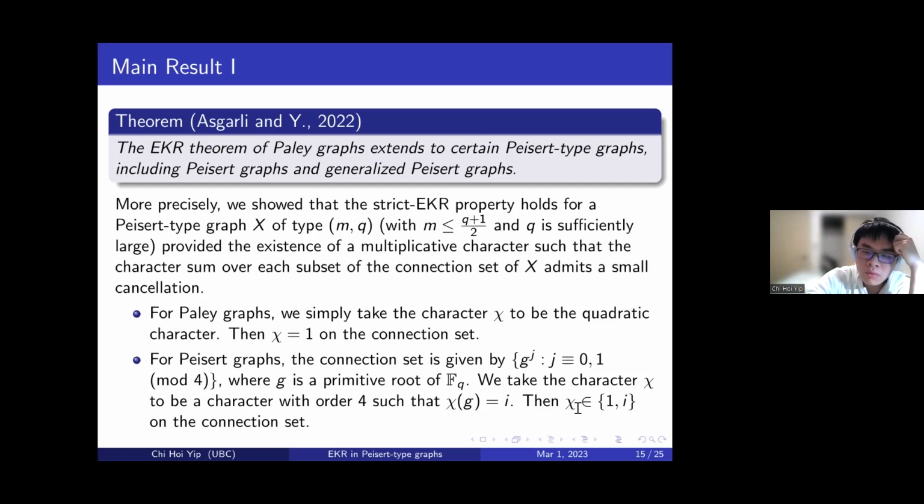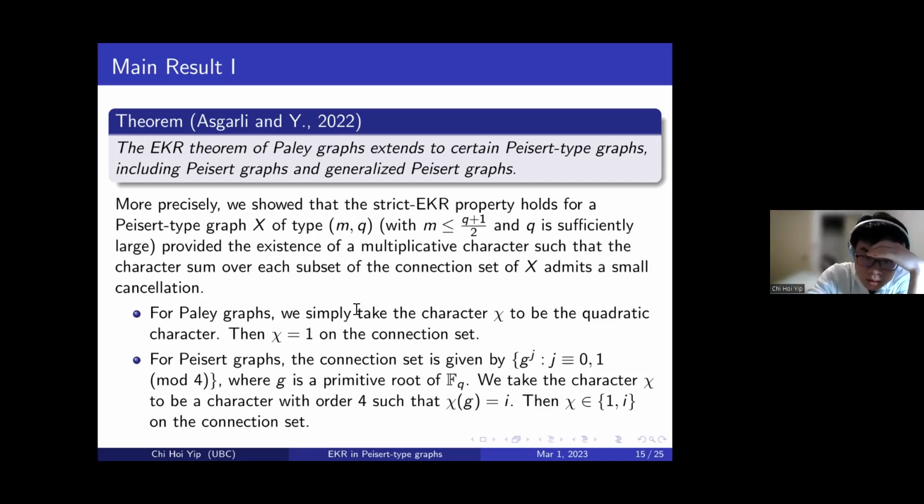Then, if we consider the image of the connection set under chi, then we just get either 1 or i. And then if we are summing a bunch of 1 and a bunch of i, you can see that there is again not much cancellation. So this condition is again satisfied.